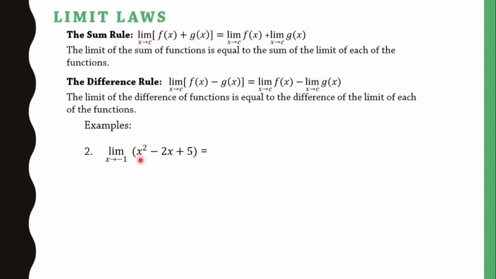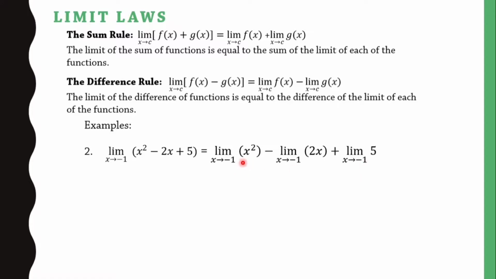So again, we get the limit of each of the terms. So that's the limit of x squared as x approaches negative 1, minus the limit of the middle term, which is the limit of 2x as x approaches negative 1, plus the limit of 5 as x approaches negative 1.